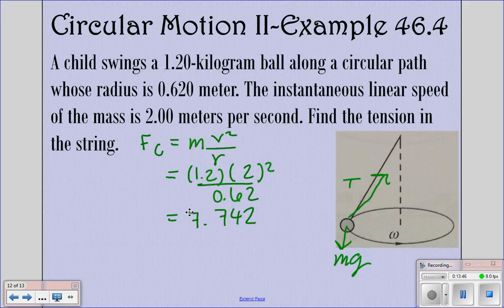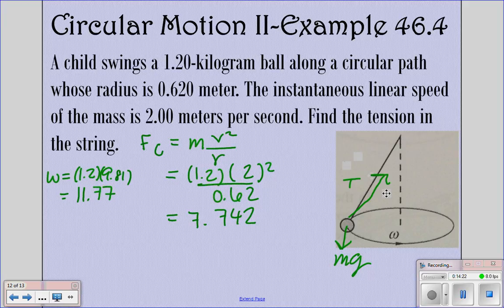That's not the tension in the string because it's at an angle here. So since it's not completely horizontal, that's not going to be the tension in the string. We now need to find the mass times the gravity, the weight. So the weight is 1.2 times 9.81. And so that gives us 11.77. So then the tension has a horizontal component and a vertical component.